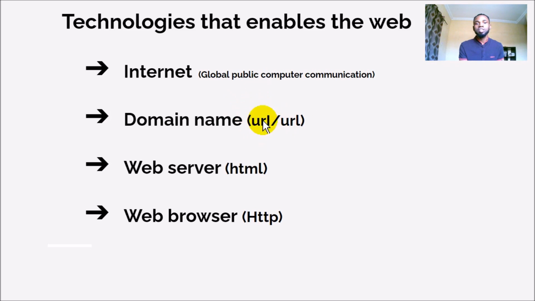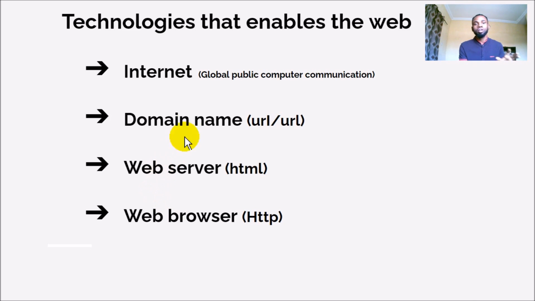So this technology can be found on the domain name. Also we talked about the hypertext markup language, which can be identified on the web server aspect of the web. Then also we have the HTTP, hypertext transfer protocol, which is identified on the web browser. So these are the major technologies that are put together to enable the web as we have it today.